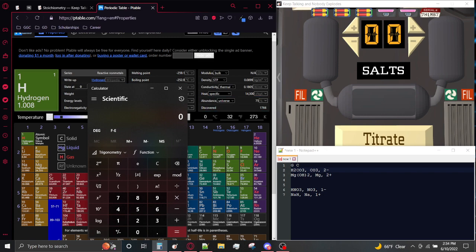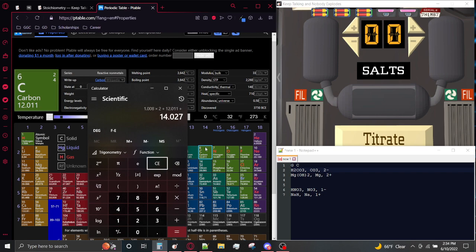When we have numbers after any element, that means we're going to multiply the number in the periodic table by the number to the right of the element. So for H2CO3, we have hydrogen, which is H, 1.008 is the number, followed by a 2, so we're going to multiply this by 2. Next, we're going to go to C, which is carbon, which is 12.011.